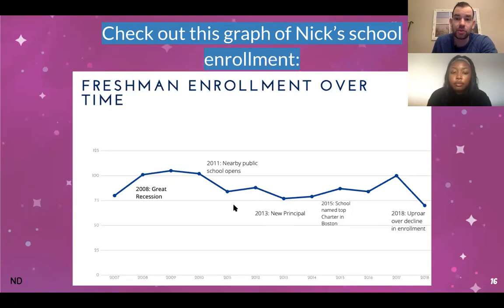And sometimes there were events that caused enrollment to go up or go down. For example, during the Great Recession, we saw enrollment go up. When a nearby public school opened, we saw enrollment go down. When a new principal was hired, we saw enrollment first go down, and then go up when the school was named a top charter school in the area. And then finally, we saw it decline in 2018.